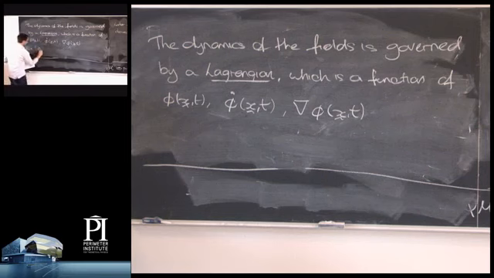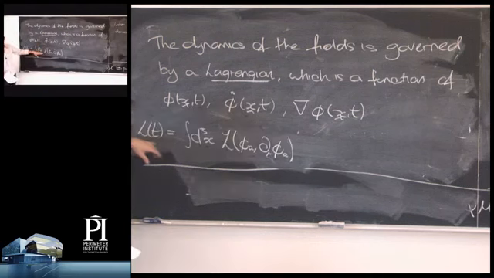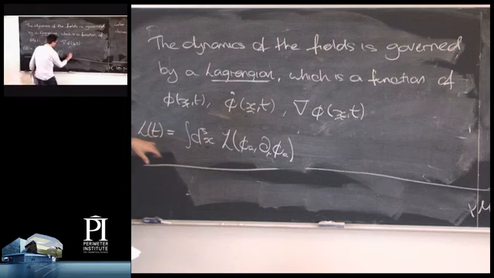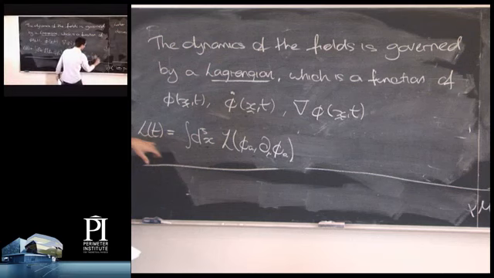And we're going to write the Lagrangian in the following way. So the Lagrangians we're going to consider are integrals over all of space of this function that I'll call curly L instead of a straight L. So from the Lagrangian we build an action.